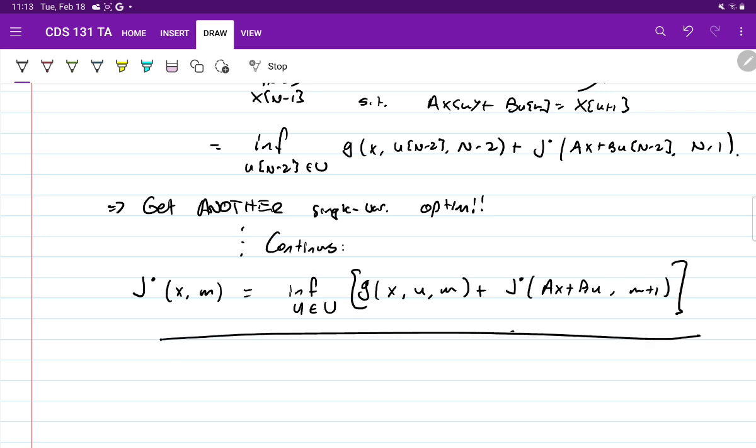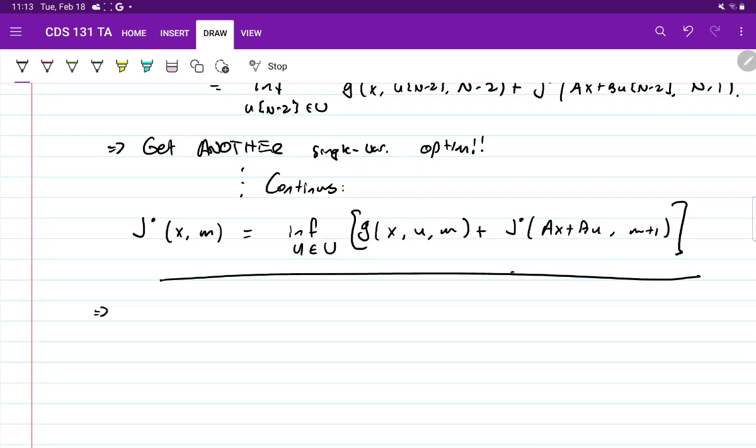So this kind of establishes this nice recursive pattern between these optimal cost to go functions, right? What this effectively tells us is that if we're able to solve for each optimal cost to go, we can get the next one recursively, right? If we're able to keep solving these recursive optimization problems, maybe we could work our way down to solving our optimization problem for our full system, okay?